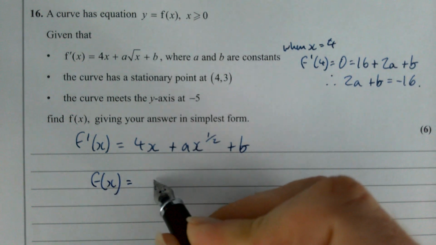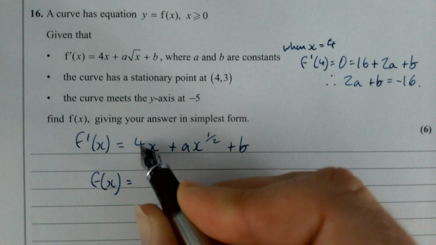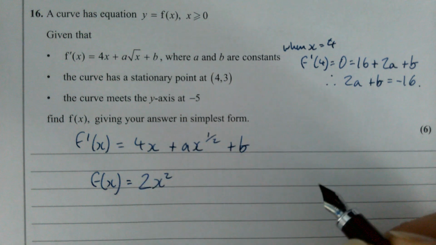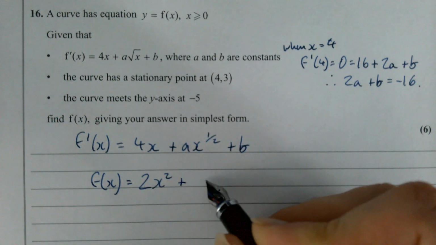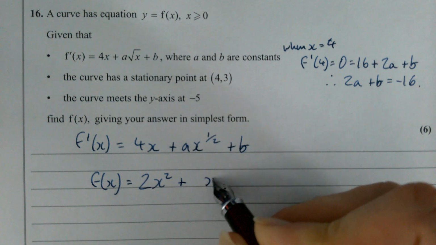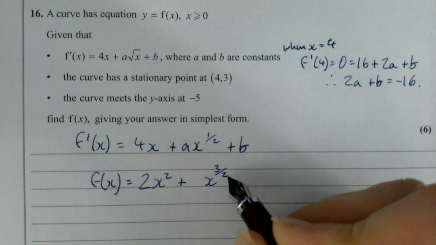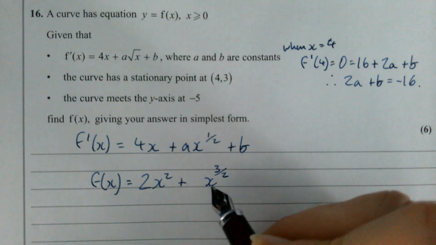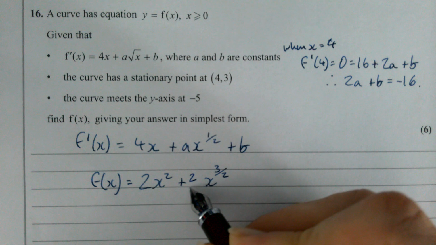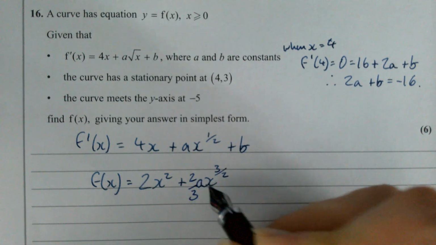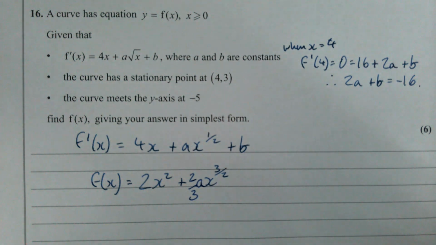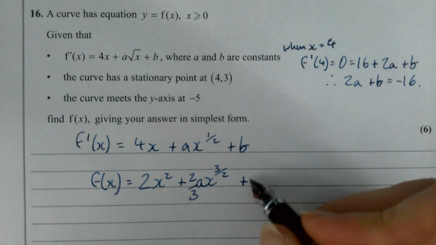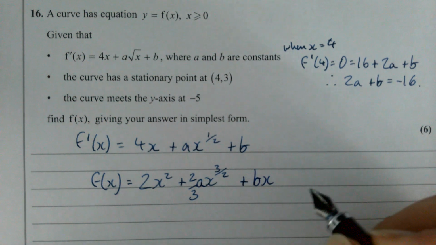4 divided by 2 gives us 2x squared, plus x is going to go up to 3 over 2. We're going to divide by 3 over 2, which means multiplying by 2/3. So that's going to give us 2/3 of ax to the power 3 over 2 plus bx.